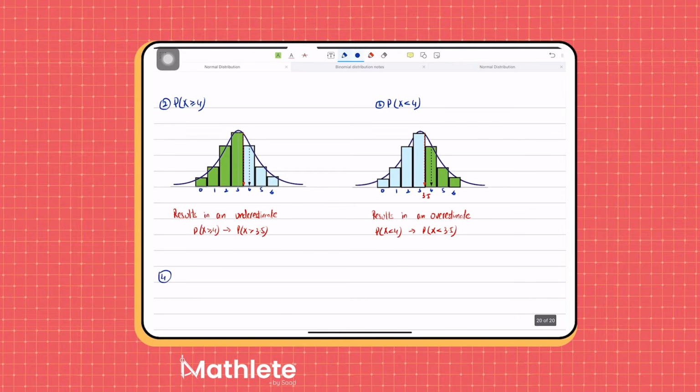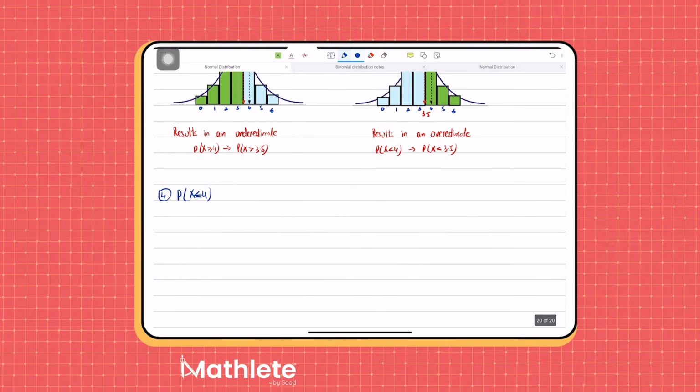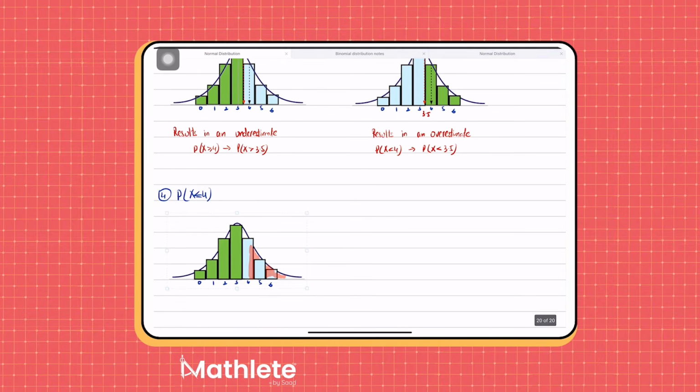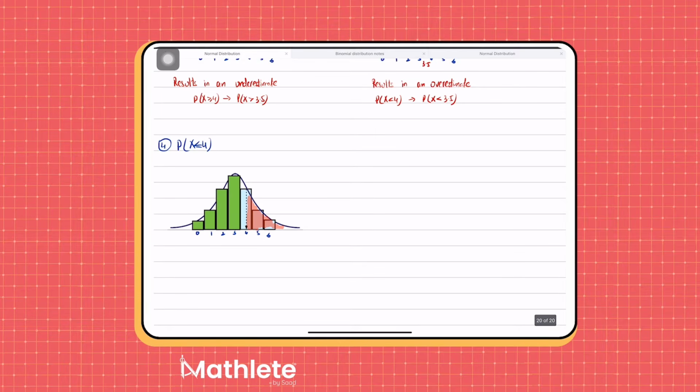So now the second to last case, that is the probability of x being lesser than or equal to 4. Lesser than or equal to 4 means, as per binomial distribution, 4, 3, 2, 1, and 0. So I'm going to have to make some changes over here real quick.